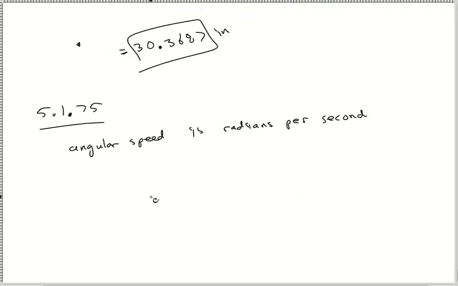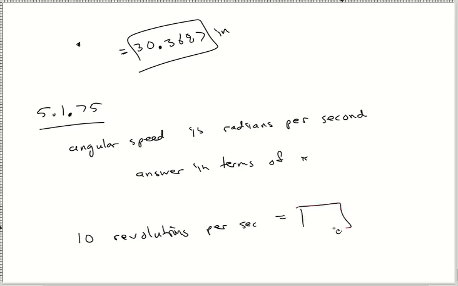Okay, cool. And they want their answer in terms of pi. They have 10 revolutions per second. So how many radians per second is that?